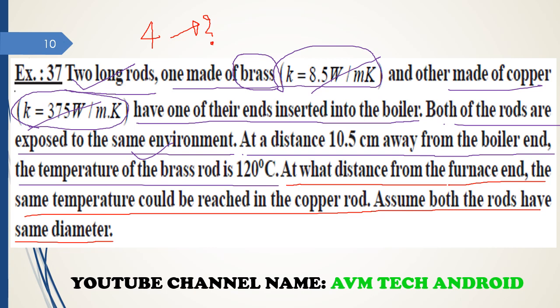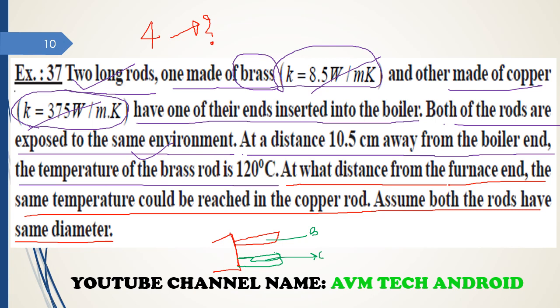Means here the case is like this. You can say the boiler house is there. This is your rod 1 and this is your second rod. One is of copper, one is of brass. So everything remains the same, only the difference is the material.